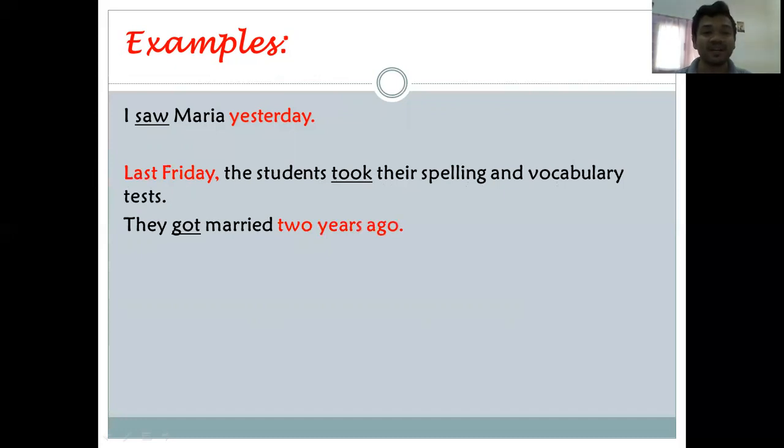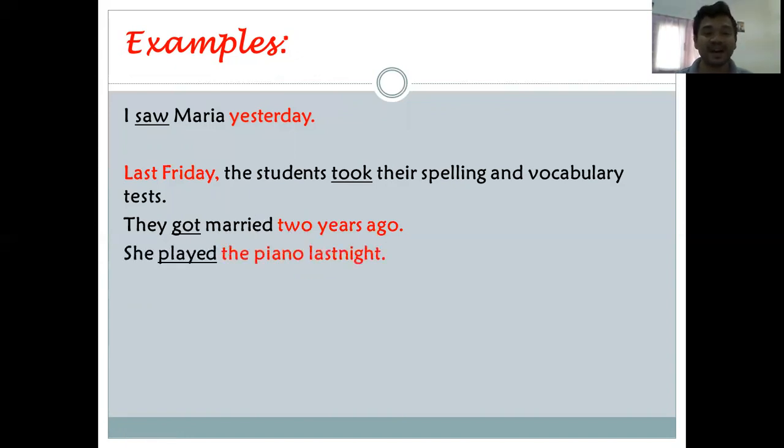They got married 2 years ago. So got here, is it regular or irregular? Perfect. Got here is an irregular verb. The simple present of got is get. And the time expression here is 2 years ago.